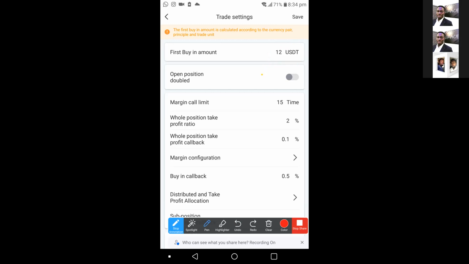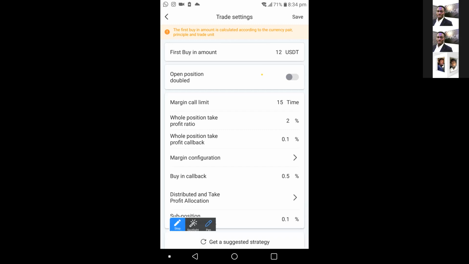So if it gets to 10% and the market wants to be calling back by 0.1, it takes the profit. So even though you specify 2% here and the market jumps up by 10%, you still make your 10%, as long as once the market starts to call back, it takes the profit.